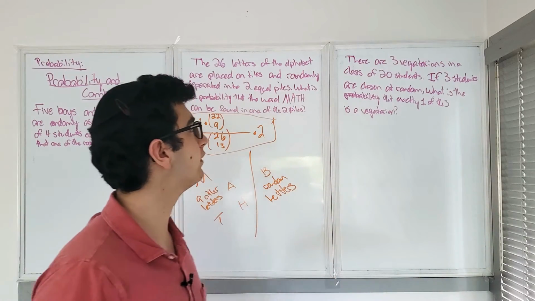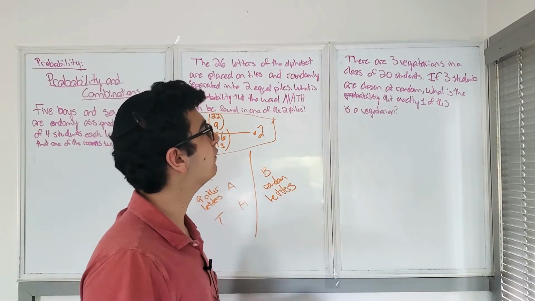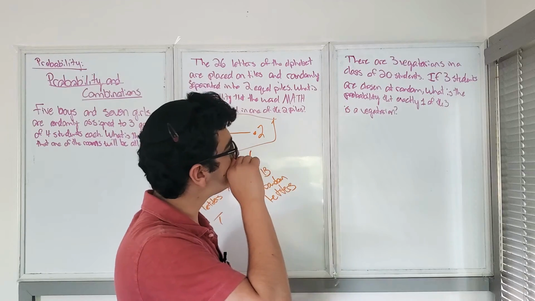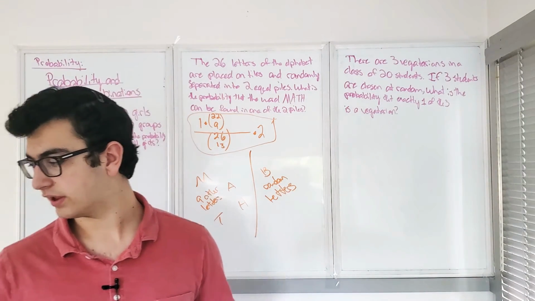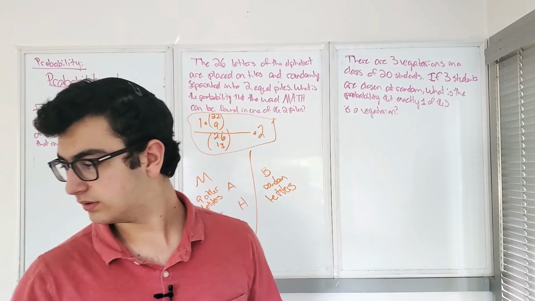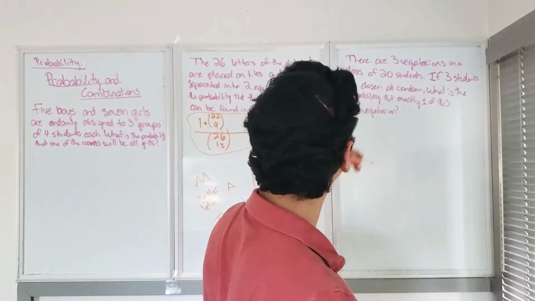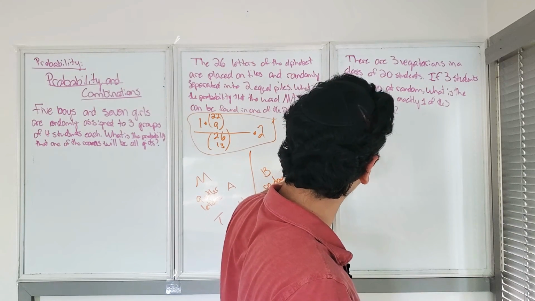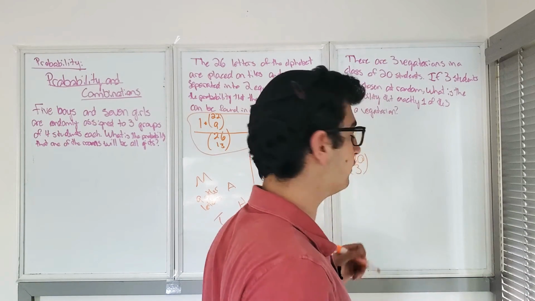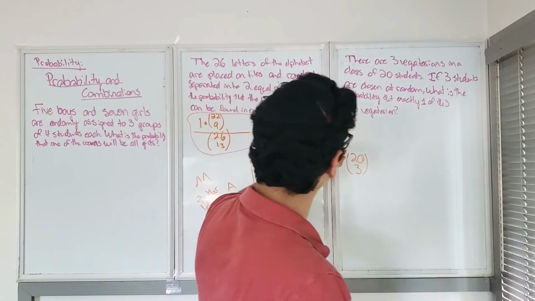Now, last question. There are 3 vegetarians in a class of 30 students. If 3 students are chosen at random, what's the probability that exactly one of the 3 is a vegetarian? So we have 30 students, and we are choosing 3 of them. So the denominator, the total ways you could do it, would just be 30 choose 3.